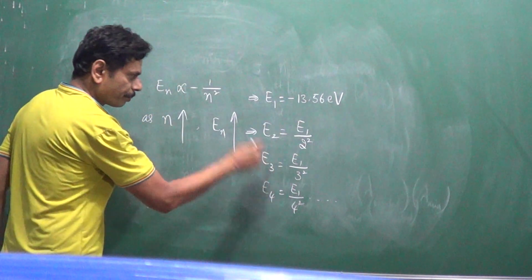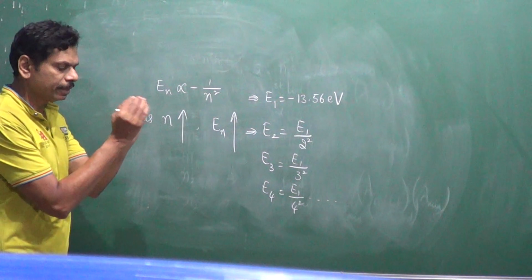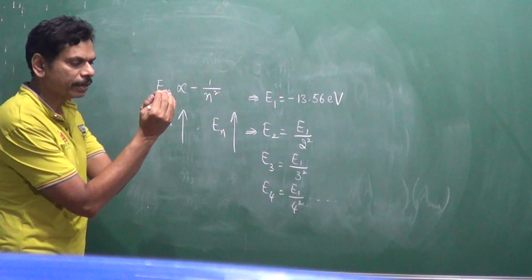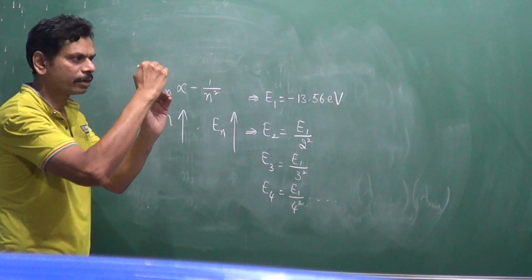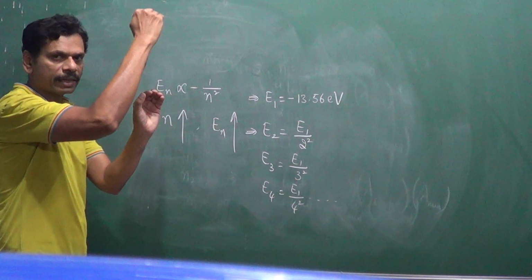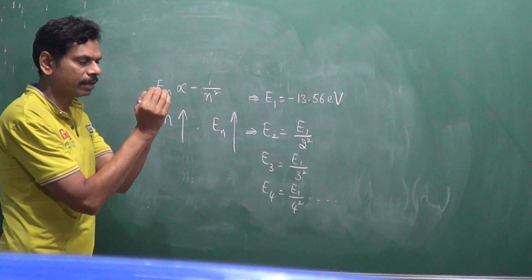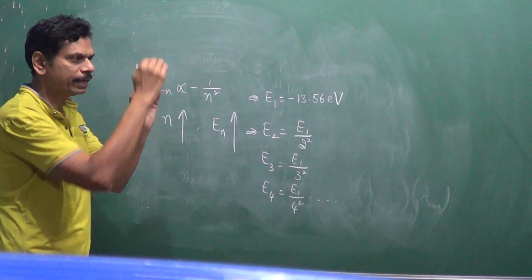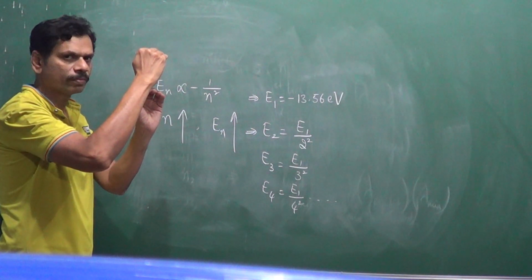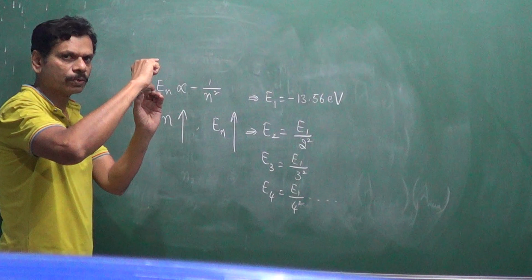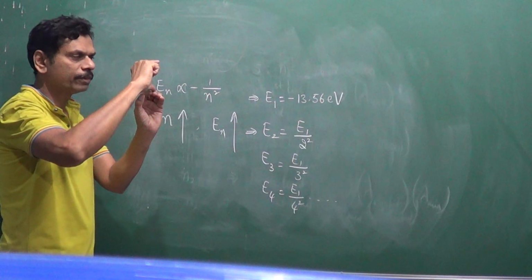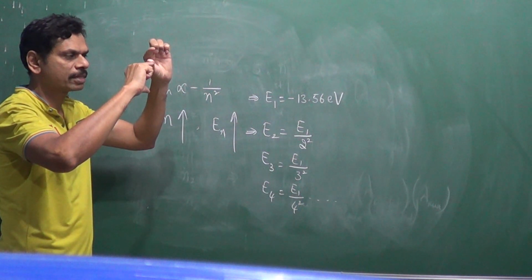Meaning, if this is a nucleus, electrons are present in the first orbit, second orbit, third orbit, fourth orbit, like that. The energy level gap between the nucleus and the first orbit is more. Then the first orbit to the second orbit gap is less.